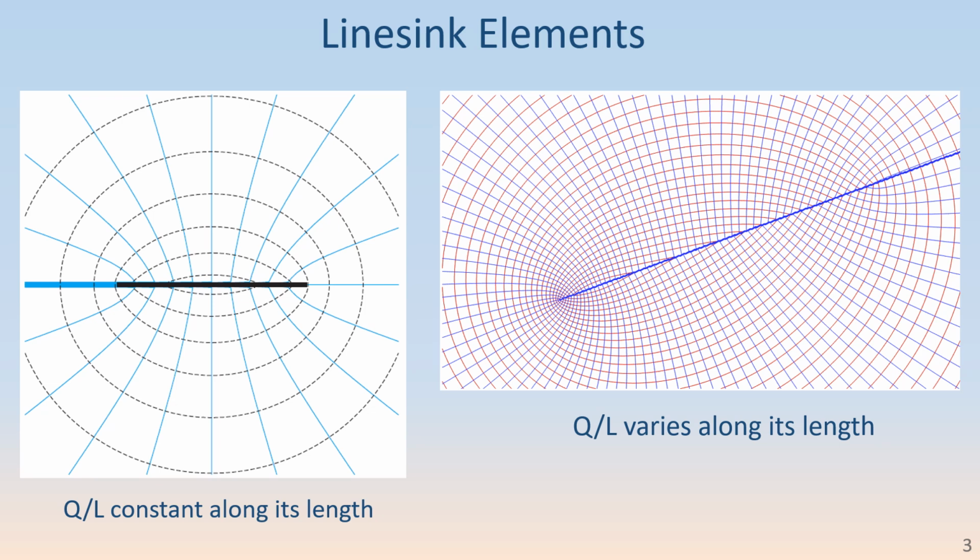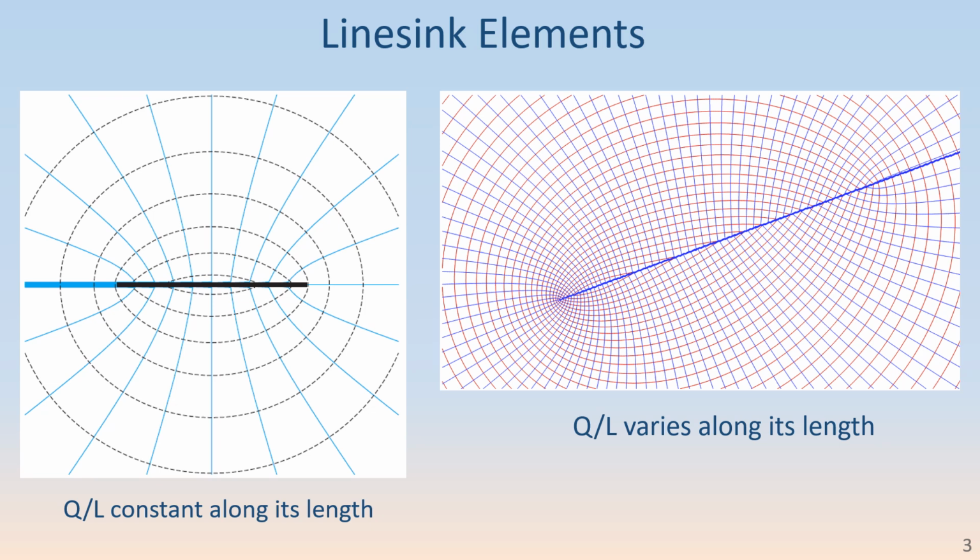Here are a couple of plots showing contours of potential or head and contours of the stream function for line sink elements. And line sinks are extracting water here along a line segment.